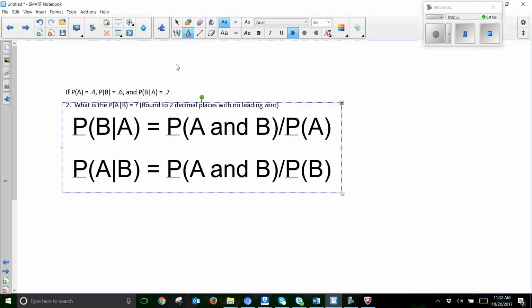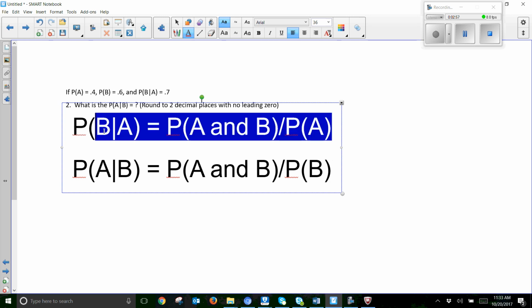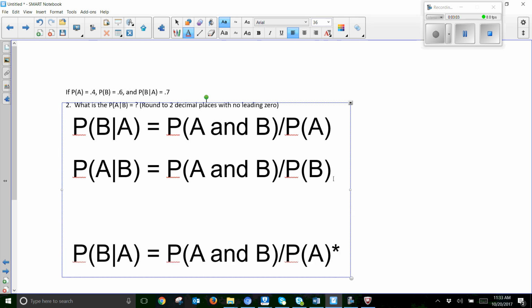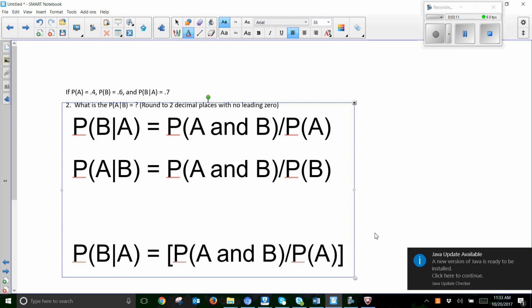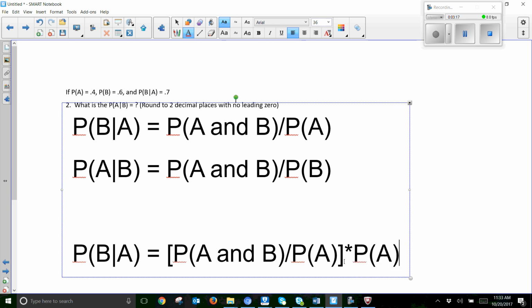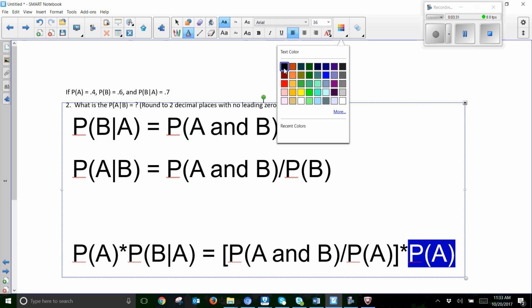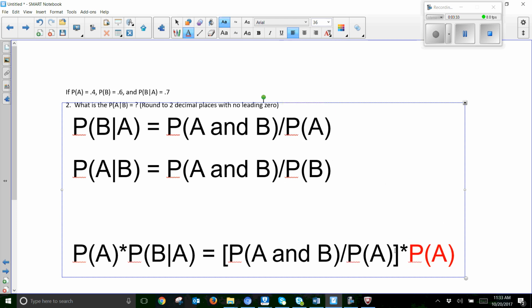Well, if I take this first equation and multiply both sides by the probability of A, then these cancel out.